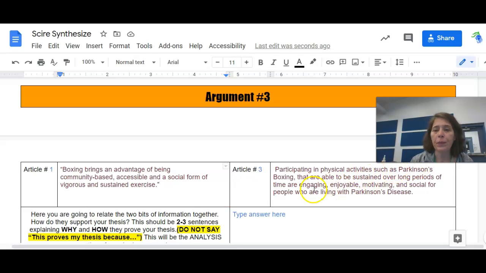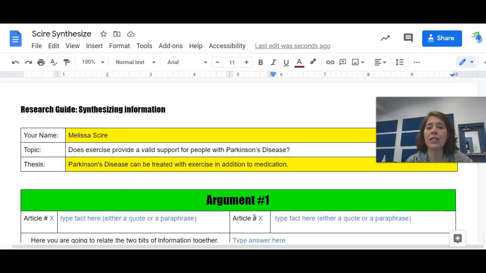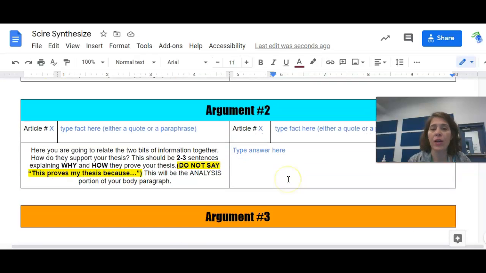So what I have to do here is I have to synthesize these two pieces of information to prove not only my topic sentence, which is exercise is good for mental health, but also supports my thesis statement, which, if you remember at the top of the page here, is Parkinson's disease can be treated with exercise in addition to medication.